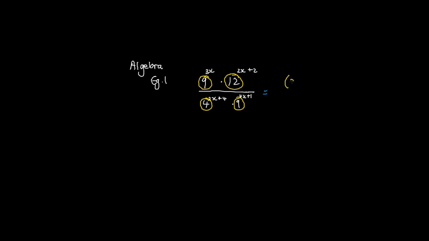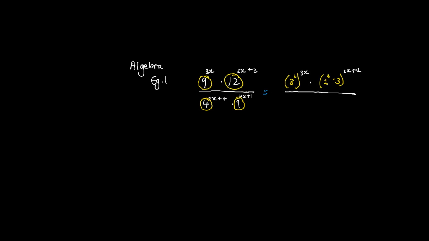It's 3 squared, raised to the power of 3x, times, let's rewrite 12 as a product of its prime factors. So 12, let me use yellow again. What is 12? 2 squared times 3, raised to the power of 2x plus 2, all over 4.